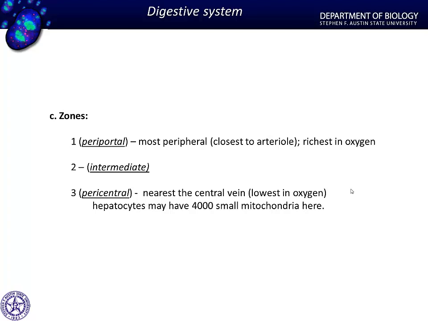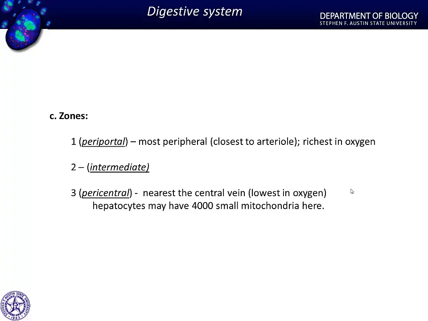And so closest to the hepatic artery, or in this case the arterial, depending on its side, it's going to be referred to as the periportal zone. As we get further away and closer to the central vein, this is the intermediate zone. And then as we get close to the central vein, this is the pericentral zone. Now, this is going to be the lowest in oxygen.